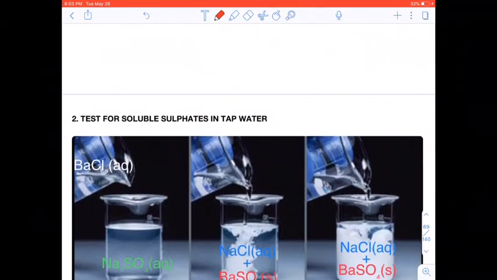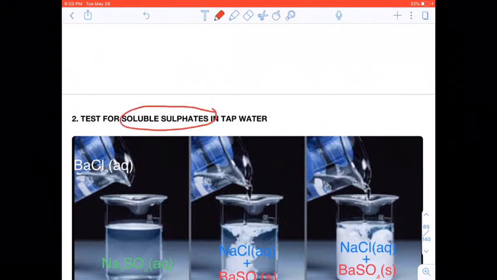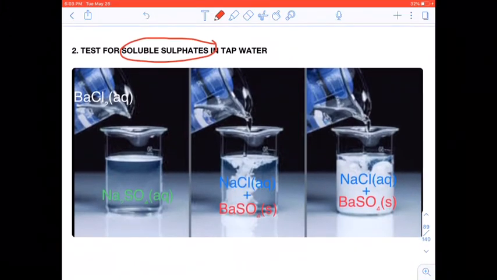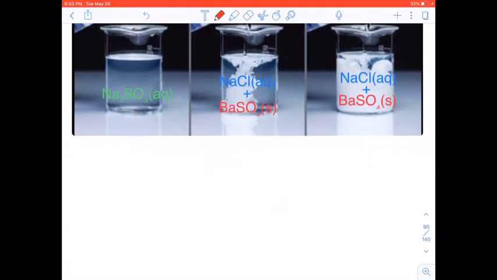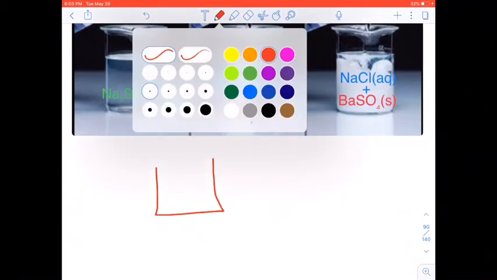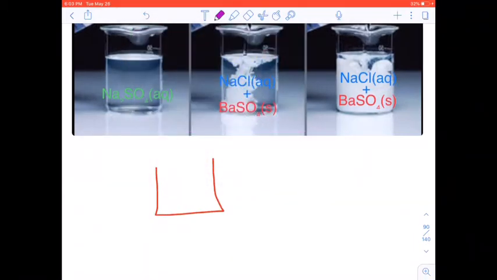Let's look now at the test for soluble sulfates. Let's say here in this tap water, I have Na2SO4. We know that this is soluble.